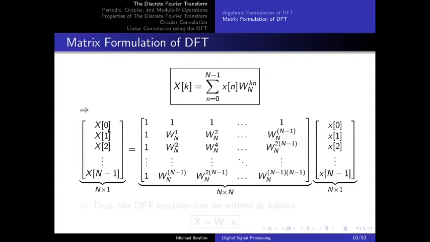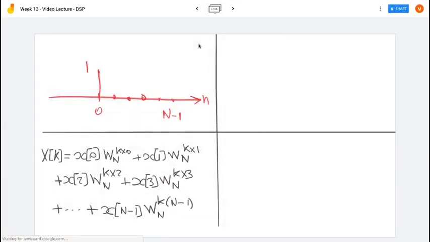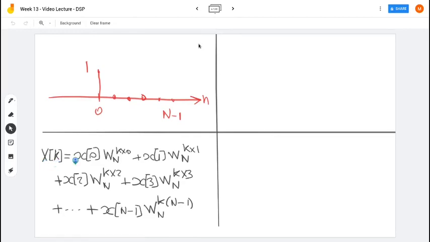What about k equal to 1? If k is equal to 1, we will be getting x capital of 1 equal to x small of 0 times wn to the power k times n. In this case, n is 0 and k is 1, so we will get wn to the power 0, which is 1. So x of 0 times 1 plus x of 1 times wn to the power k times n. N here is 1 and k is 1, so we will get wn to the power 1.